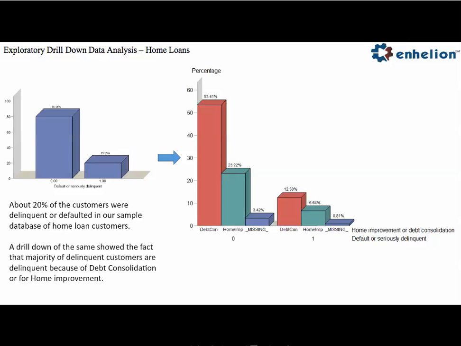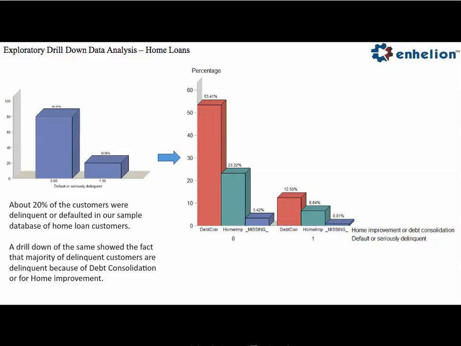Comparing the home improvement reason, 23.22% of the customers who are not delinquent, who have paid their loans properly, opted for this loan for home improvement, whereas 6.64% of those who defaulted have taken the loan for home improvement.